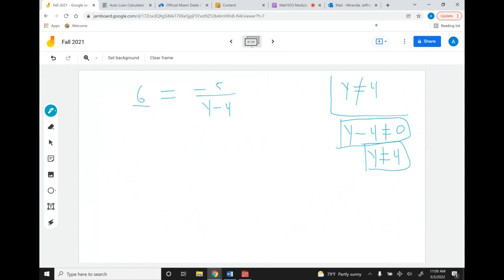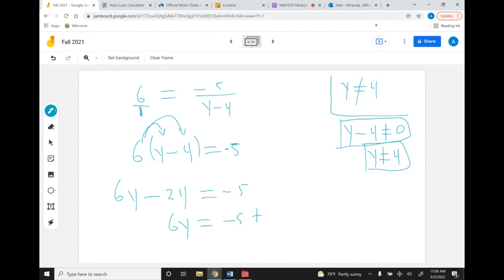All right, so now I can cross multiply. 1 times 5 is 5. Sorry, -5 actually. So what do we have? We have 6y minus 24 equals to -5. Okay. Move the -24 to the other side.